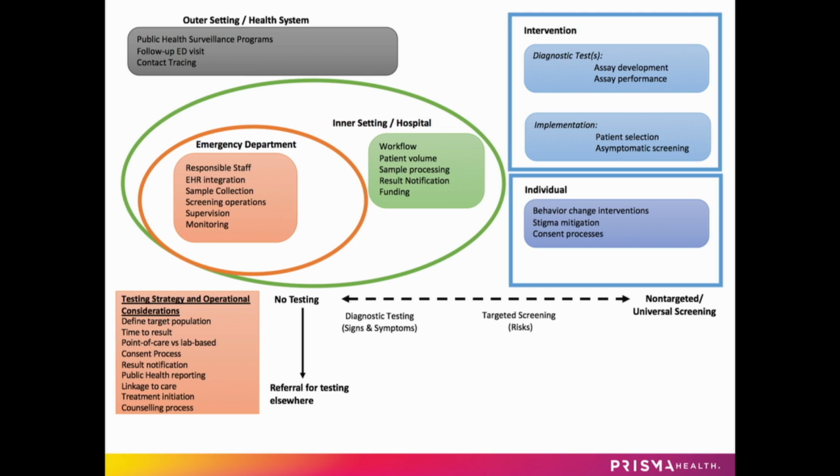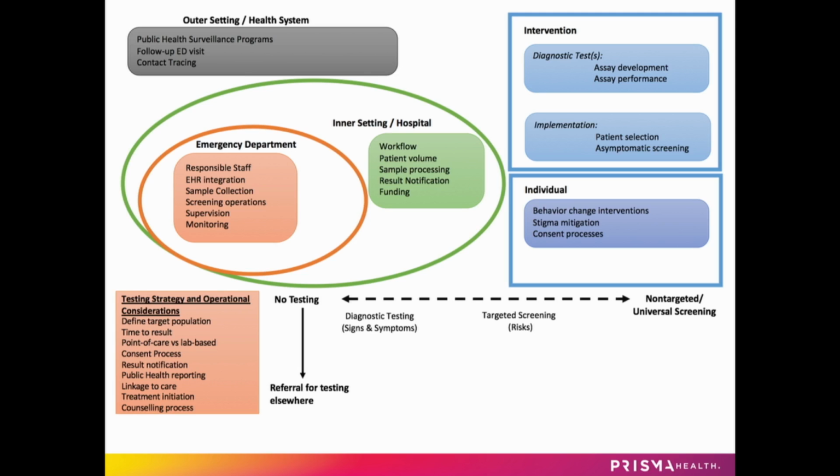We won't read them all off, but these are all the things to consider for any, insert infectious disease, right? The green circle is things that you need to think about within your hospital or health system. The gray bar at the top is, again, hospital, health system, and also very much including your public health entities into this equation.